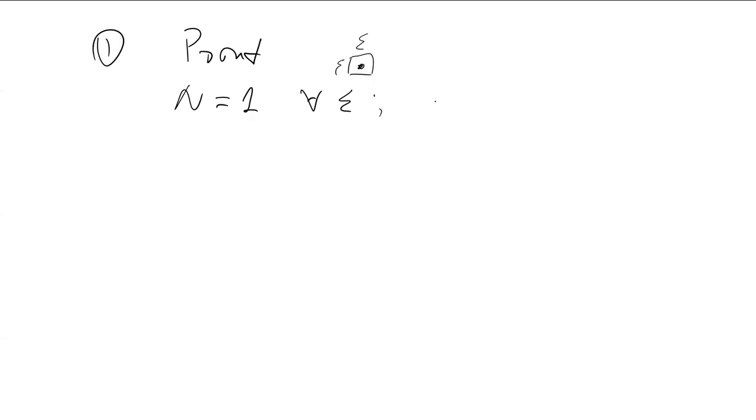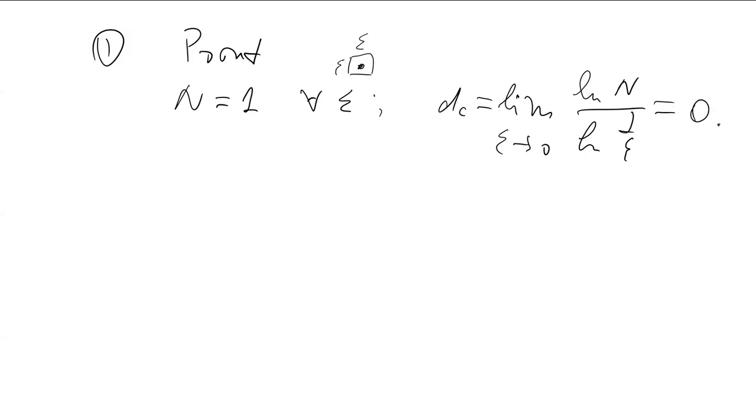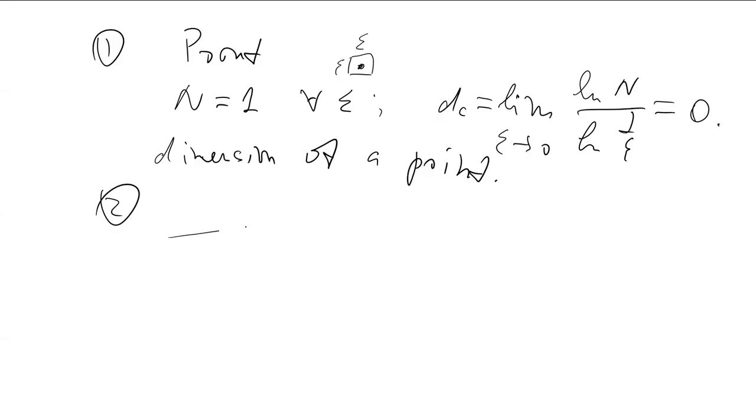Therefore dc, which equals the limit as epsilon tends to 0 of the logarithm of n over the logarithm of 1 over epsilon, with n always 1, equals 0. So this is the dimension of a point.